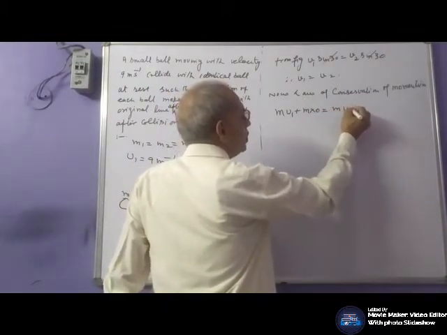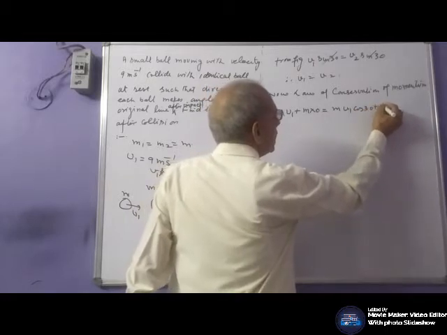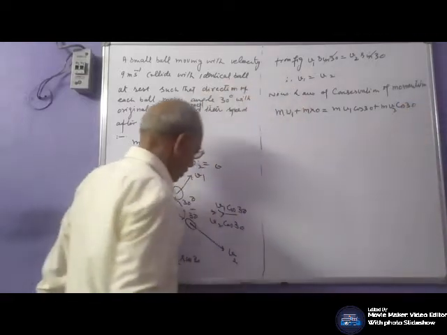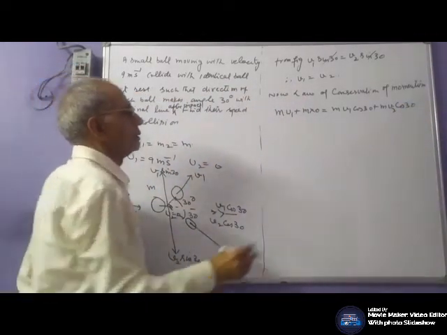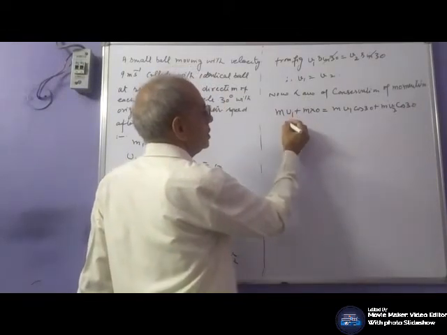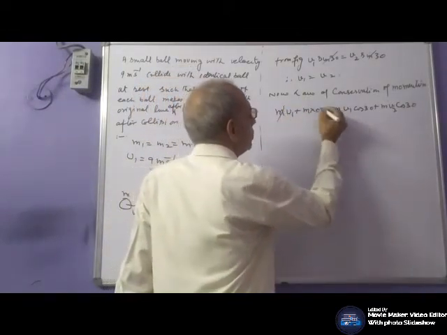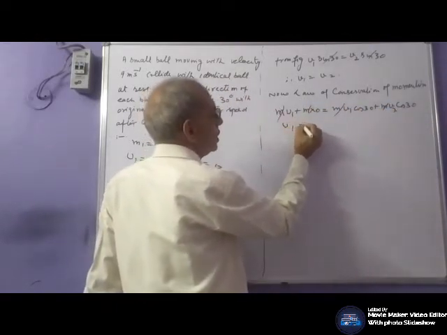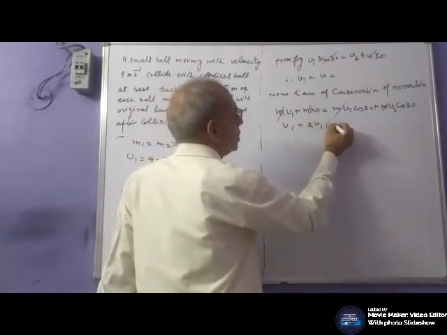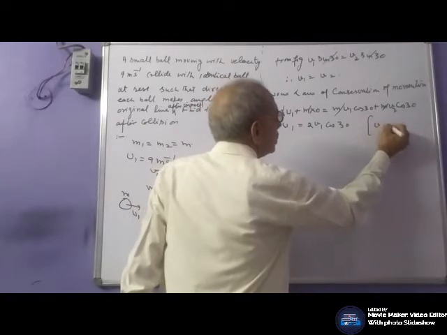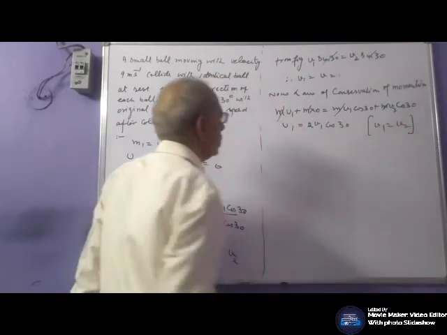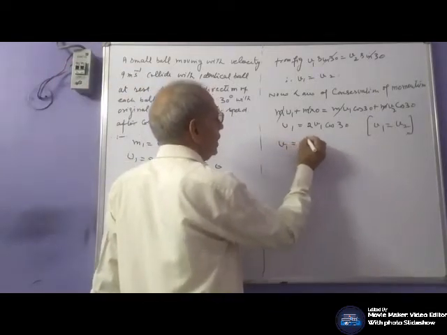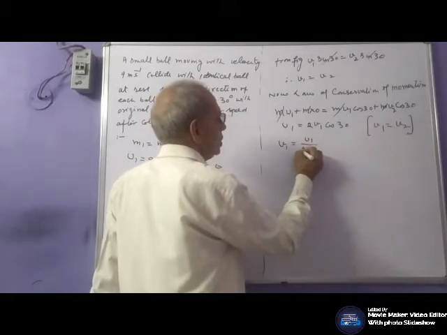M V1 cos 30 plus M V2 cos 30 is the momentum after. So M U1 equals 2 M V1 cos 30, because V1 is equal to V2. V1 is to be found out. U1 equals 2 V1 cos 30.